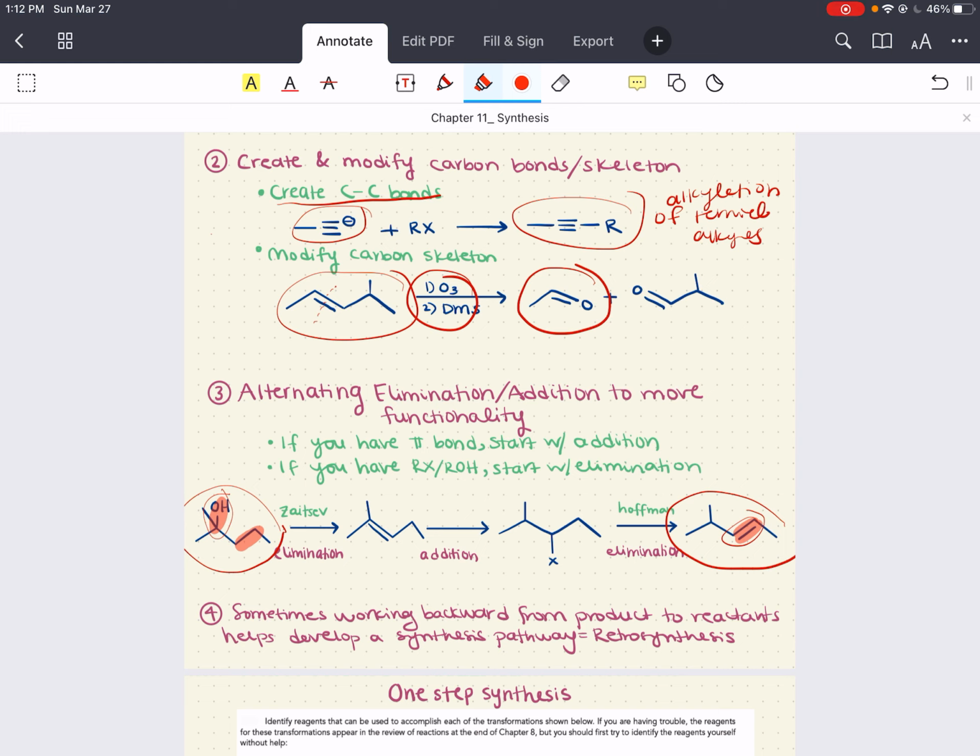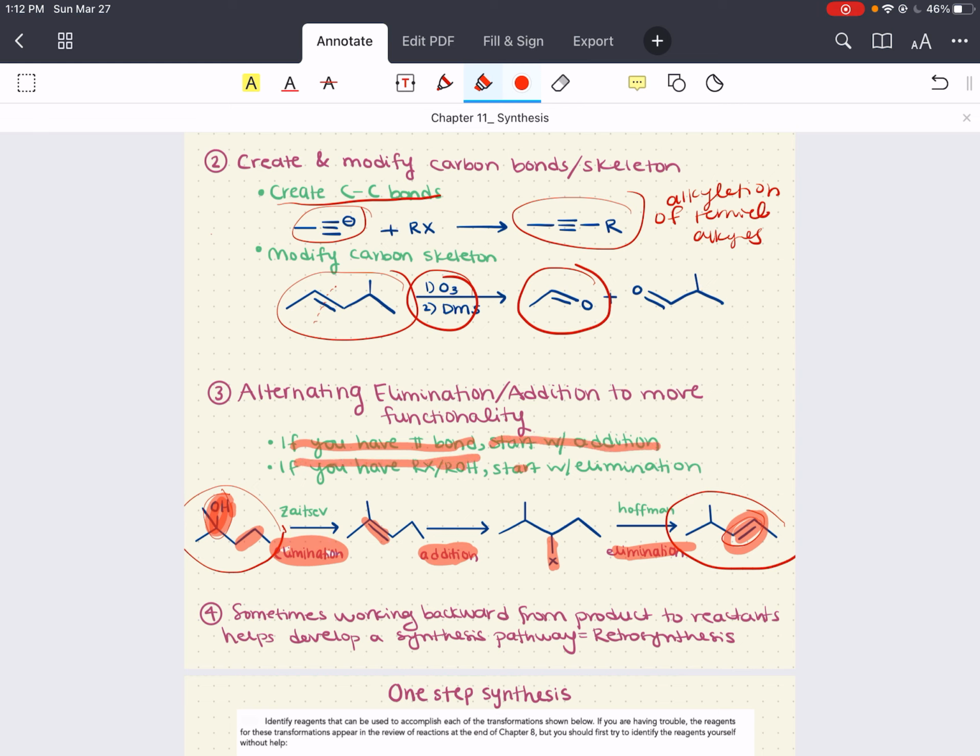So we start off with this alcohol leaving group. We can do an elimination reaction, form a double bond here. Then we'll add something to the double bond. Okay, we've done an addition reaction. Now we can do one more elimination reaction to form ultimately a double bond at the position we want. So if you have a pi bond, you start off with addition.